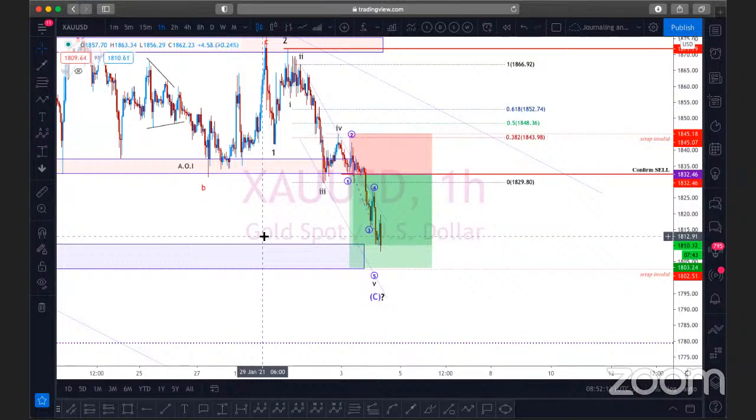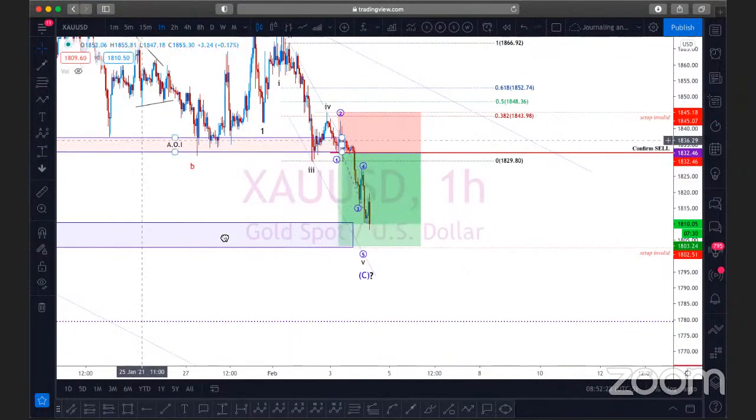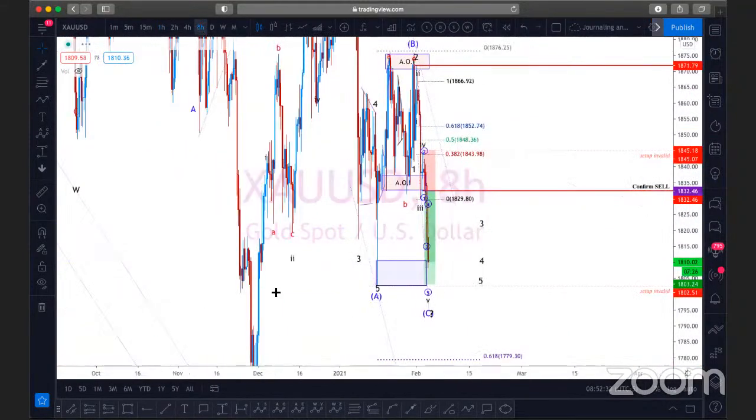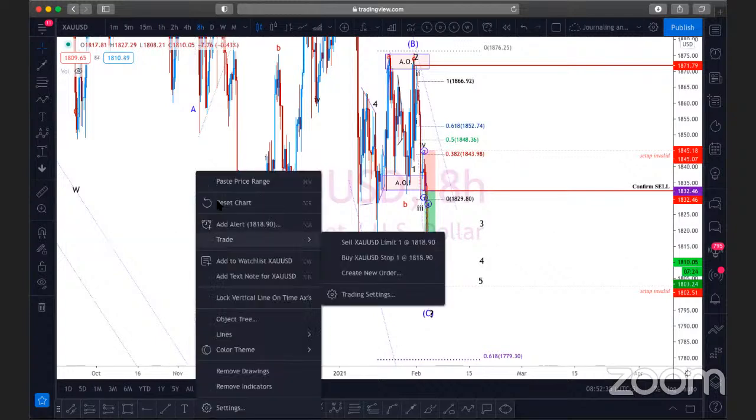In fact, I had said that it would be fine if you are looking to take profit and close out this trade entirely. That would still be fine as well. If we take a look at the 1 hour, at the 8 hour time frame, just a little bit more clarity compared to the daily.